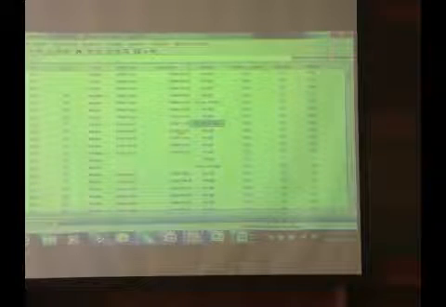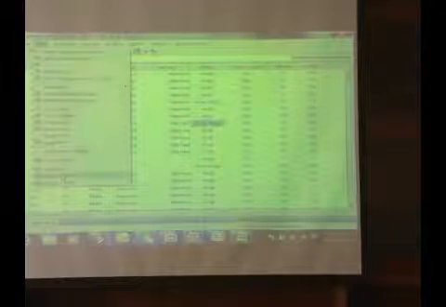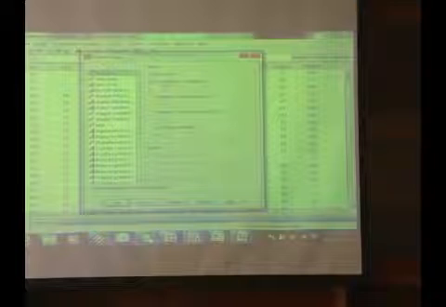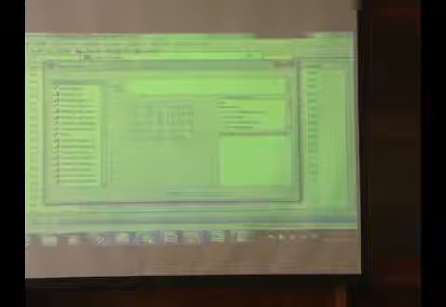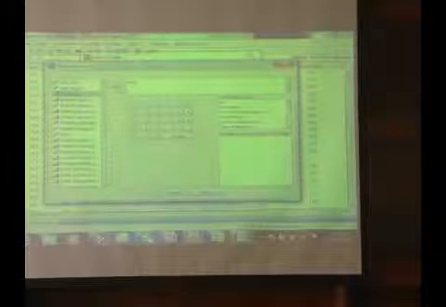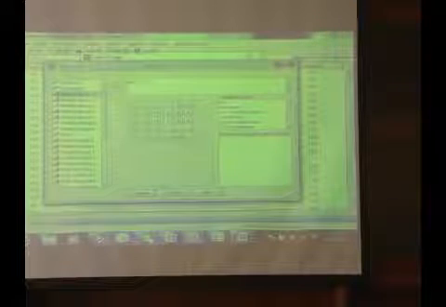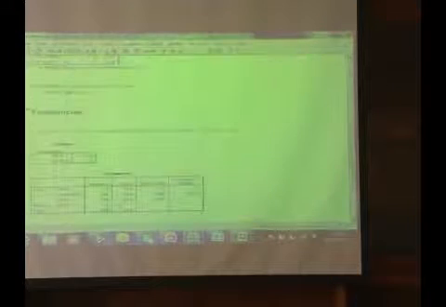Assume that I want to get the body mass index for males and for females. I can go to data, select, if condition is satisfied, and put sex equal to 1, meaning that only males are selected.